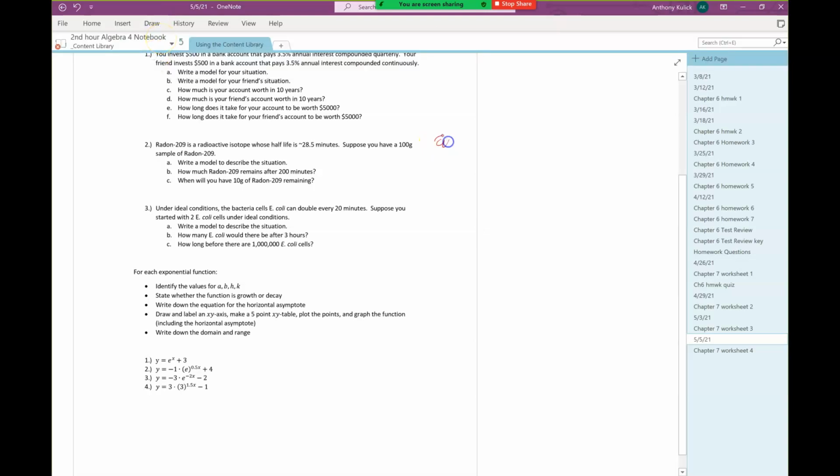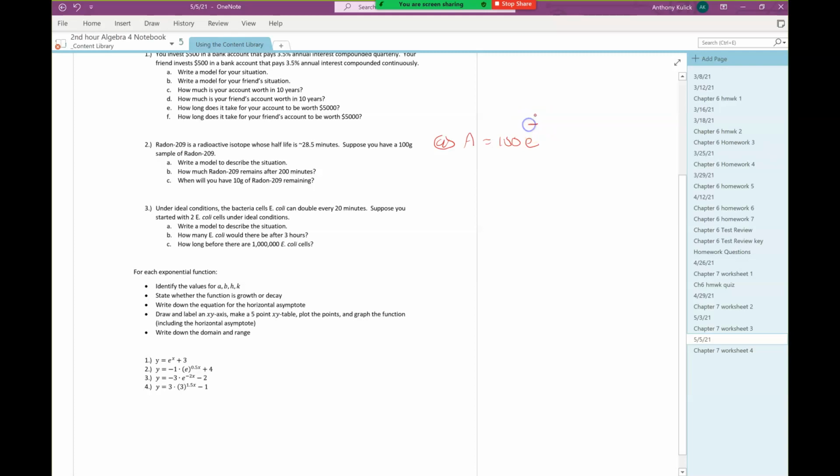So write a model. This is a radioactive decay situation, so I'm going to use that model with the e in it. So the initial amount is 100 grams. The value for r is tricky because it's decay and a half-life.